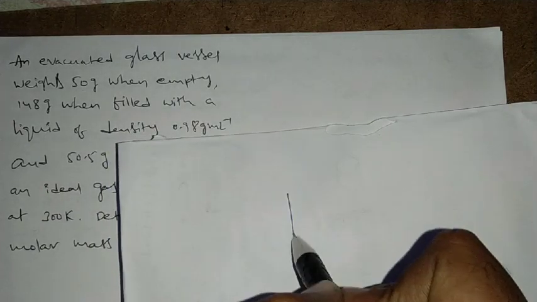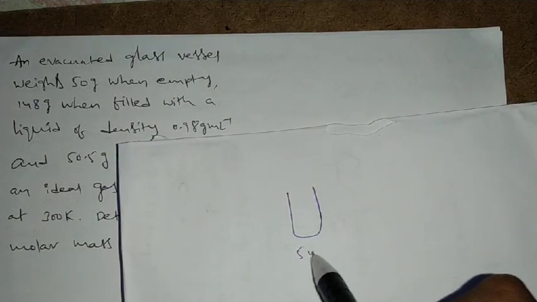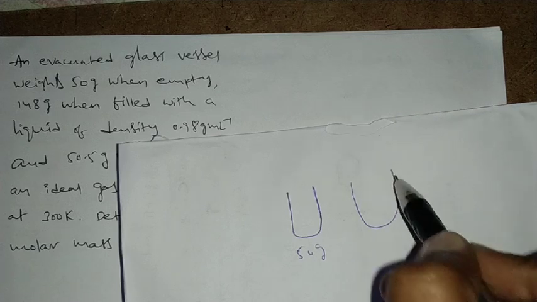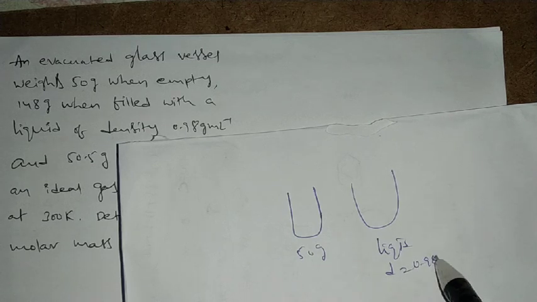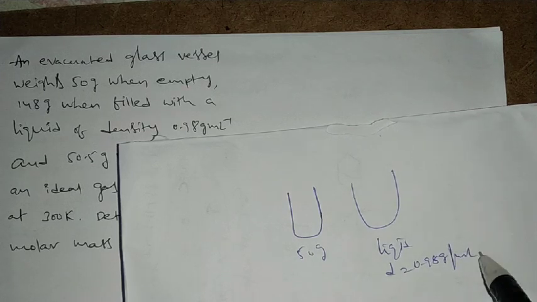First observe the question. Evacuated glass vessel. Glass vessel weight is 50 grams when empty. So empty glass vessel weight 50 grams. 148 grams when filled with liquid of density 0.98 gram per milliliter.